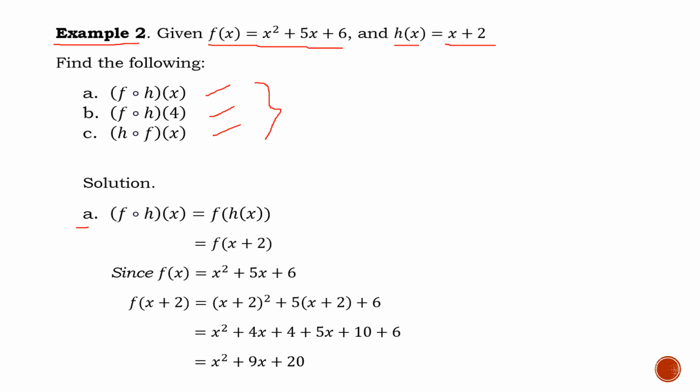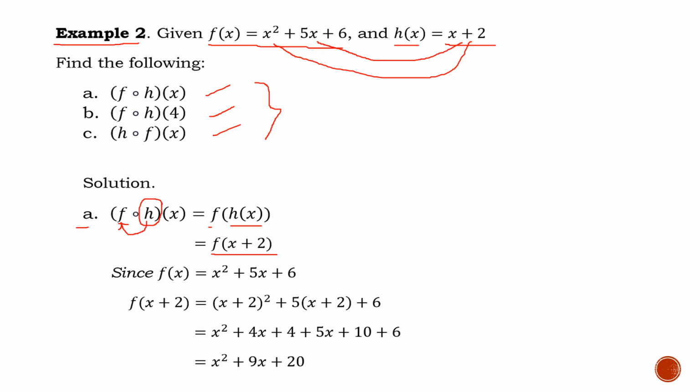f composite h of x is now equal to f of h of x. So whatever your second function here, that will serve as your variable x in your f of x or your first function. So this will serve as f of x plus 2. So we just simply replace all your x under your first function using the value of your second function, which is your h of x.